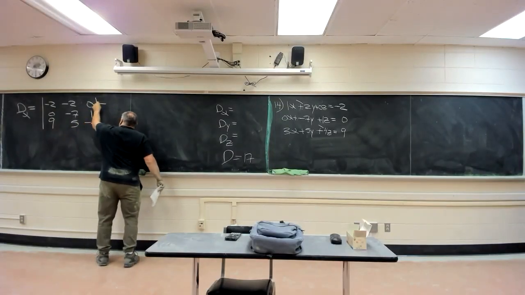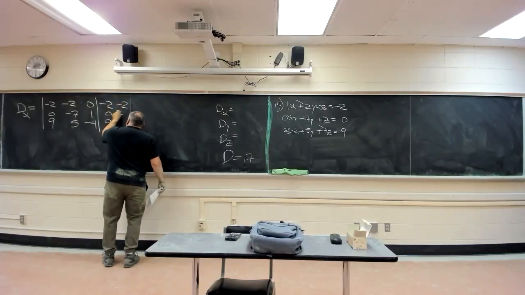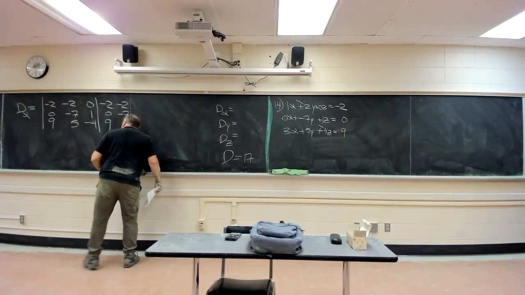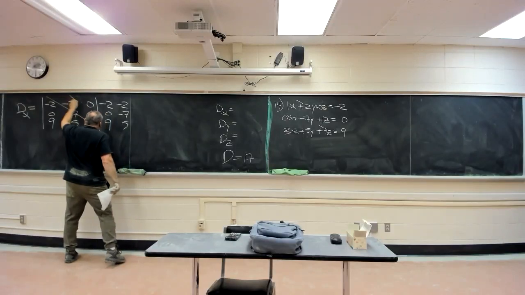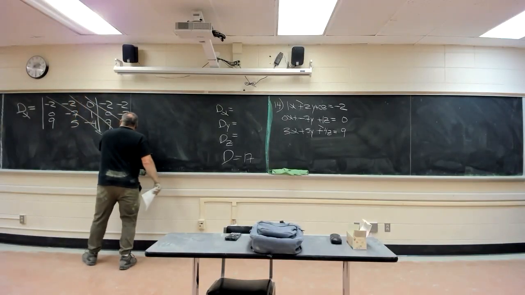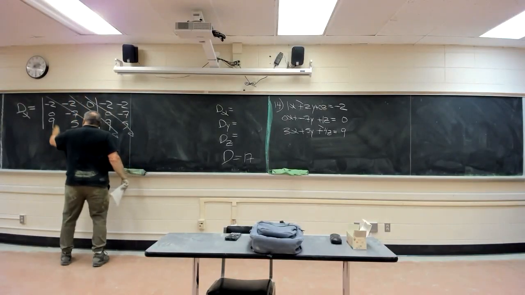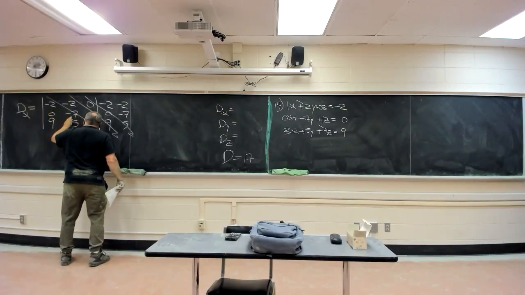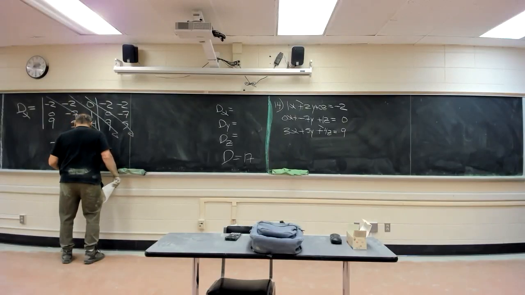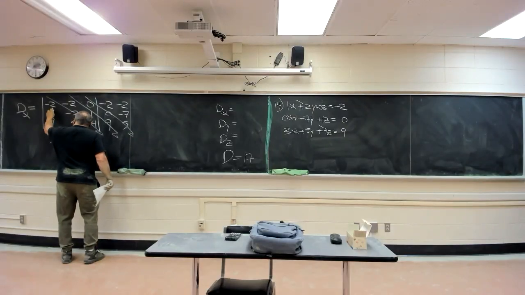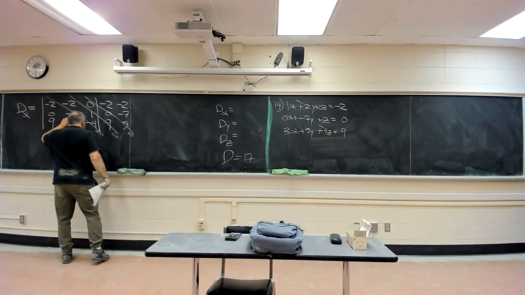Take the first two columns. -2 times -7 is positive 14.